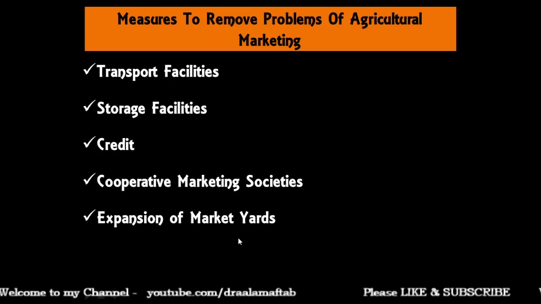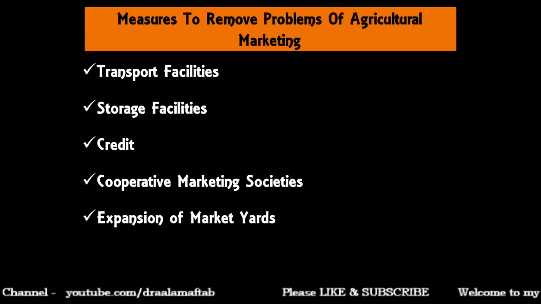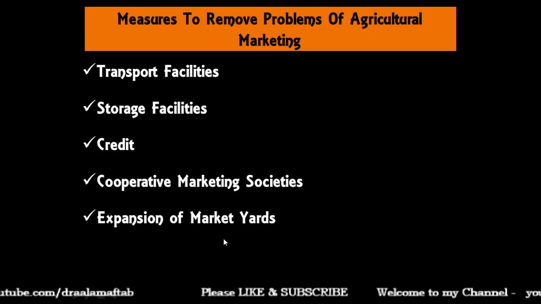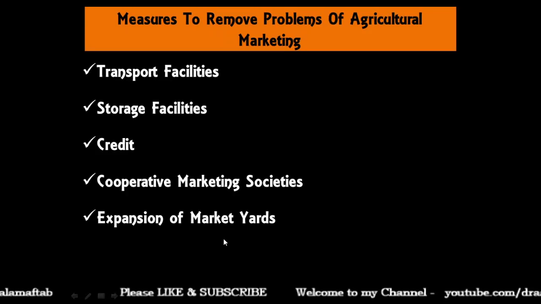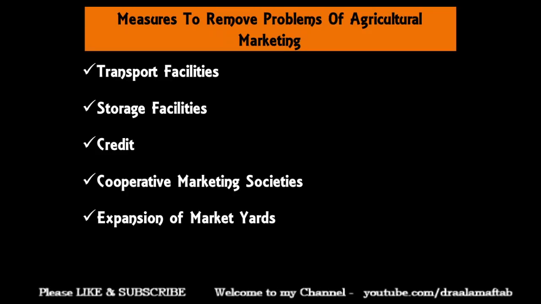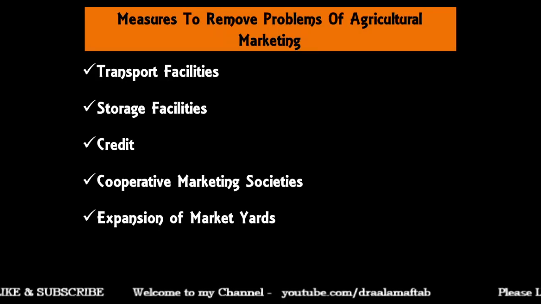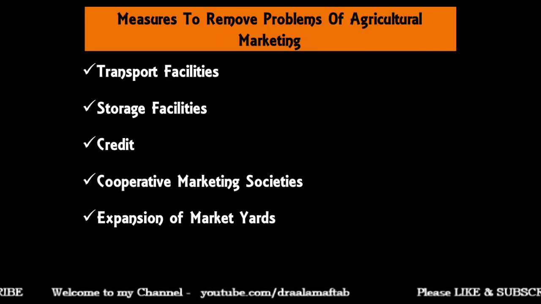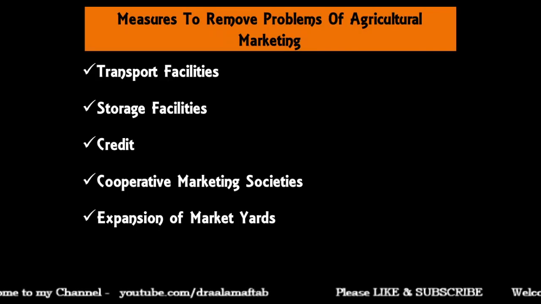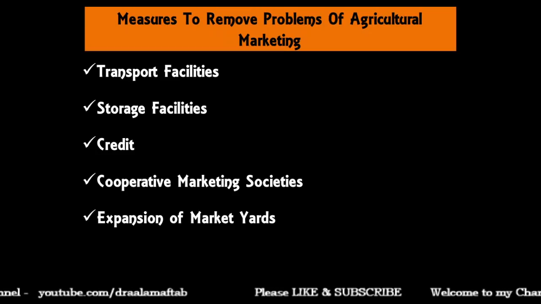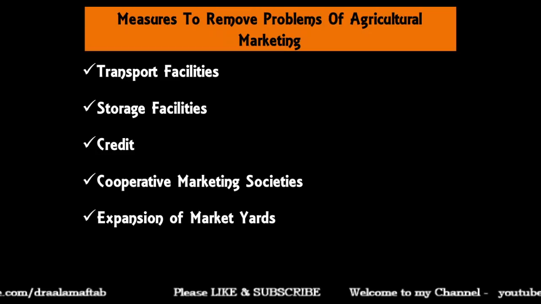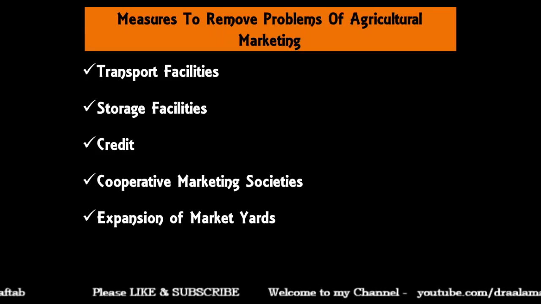For example, Punjab, Haryana and western Uttar Pradesh, where the produce sizes are very large and significant, so that will help handling the big quantity at the market yards if the market yards are expanded and developed.